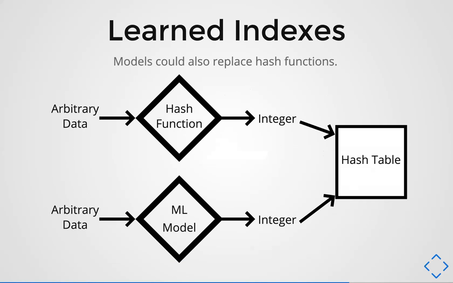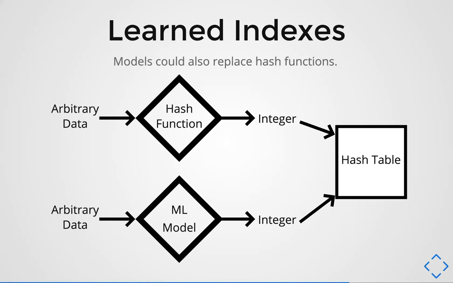And then they further went on to say, okay, not only can we replace B trees by treating our model as something that's doing regression over a CDF, they also observed that instead of replacing the hash table holistically, we can just replace the hash function with a machine learning model that does the same thing the hash function would have done: produce an integer that is the place within the hash table that we should actually store the data.